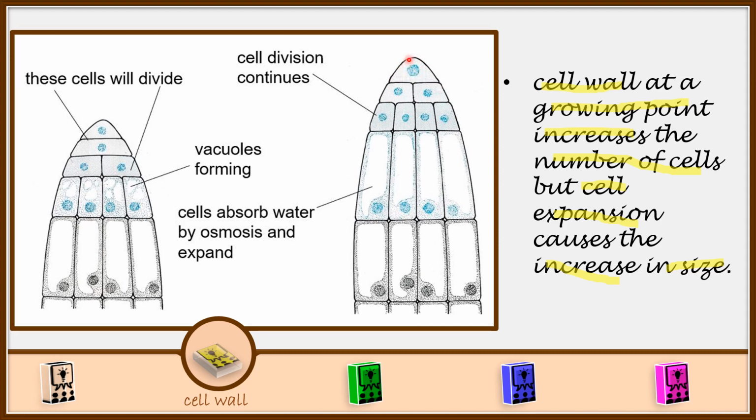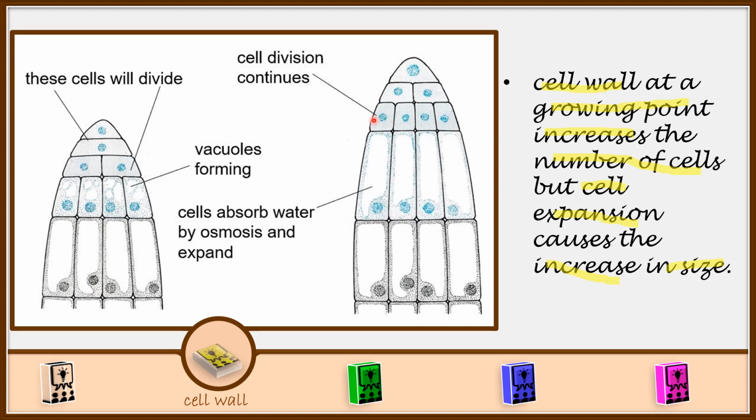And when we come to these regions here, it's where the cells are expanding. So when we say cell division at the growing point increases the number of cells, here we are increasing the number of cells where we have cell division.